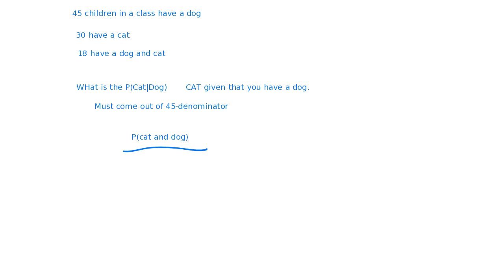Well, the second thing there is known, that you have a dog, so it has to come out of the 45. So that has to be your denominator. And actually, the formula is the probability that you have a cat and a dog divided by the probability you have a dog.